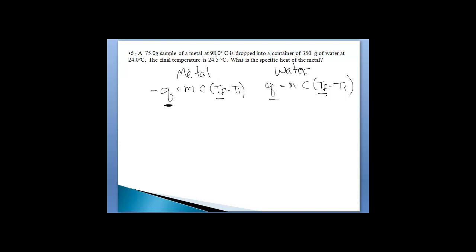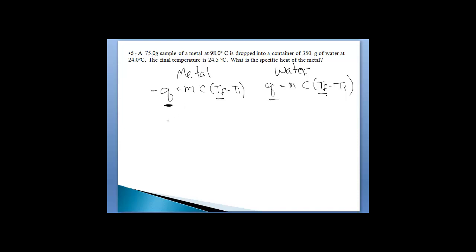So then what I would do is I would go through the problem and I would put the values where they fit in our equations here. So remember, Q stands for heat or energy, M stands for mass, C stands for specific heat, final temperature, and initial temperature. So when you read this first problem, it says a 75-gram sample of metal.